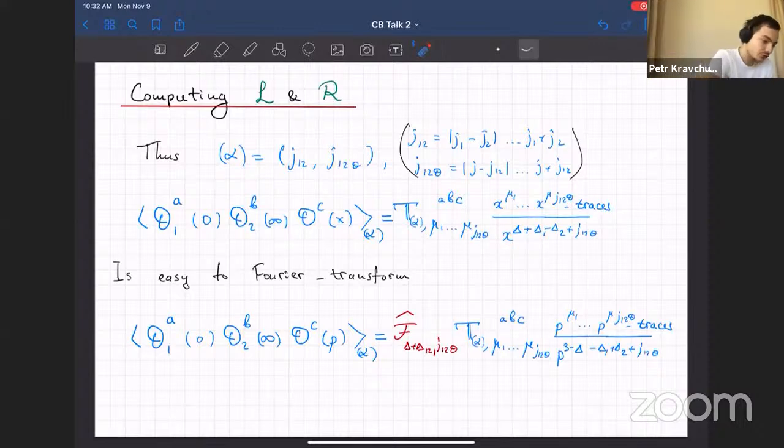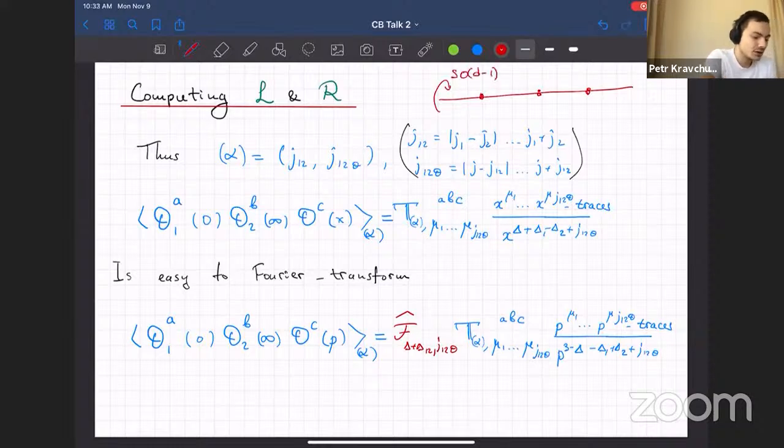And what you have to ensure is that the value of the 3-point function that you specify is invariant under the subgroup which stabilizes your configuration, right? Because if you fix 3 points, let's say, on a line, then there are going to be conformal transformations which rotate around this line, and this will be a group of transformations, SO(d-1).